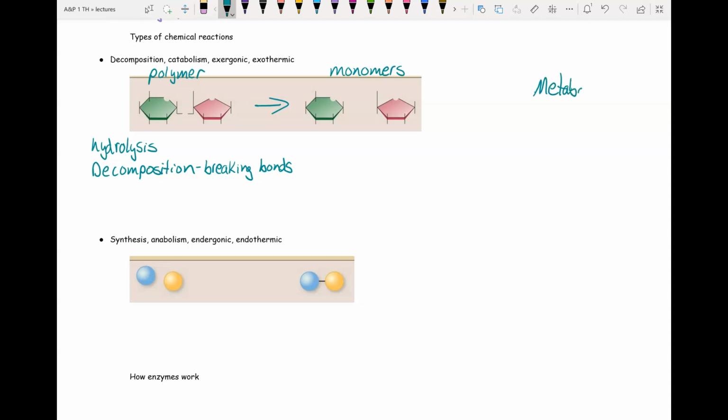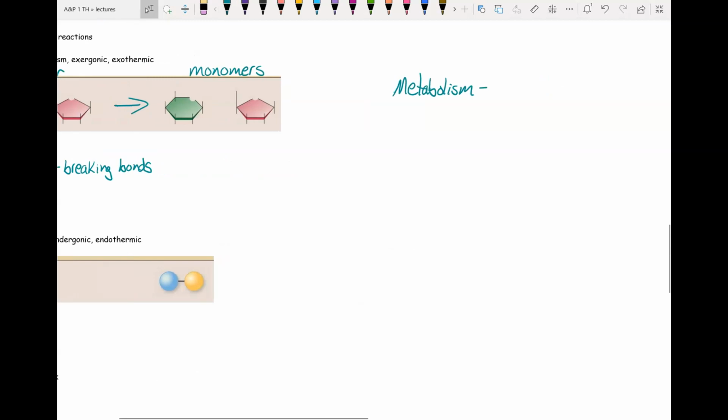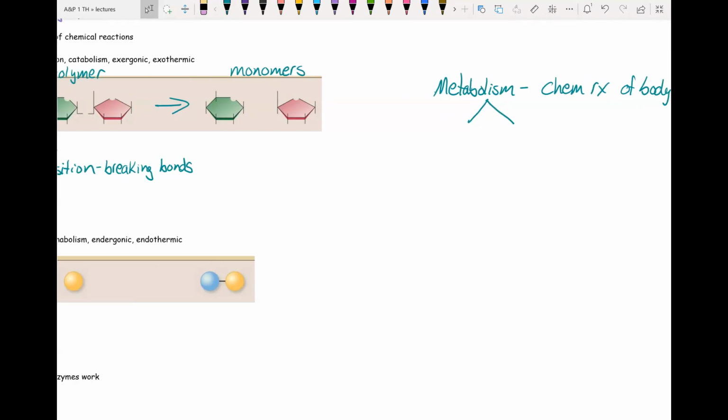Metabolism is the chemical reactions of your body. And metabolism can be split into two types, catabolism and anabolism.